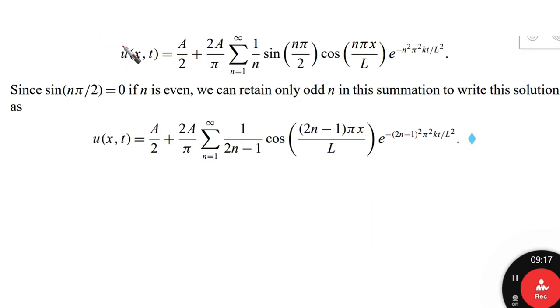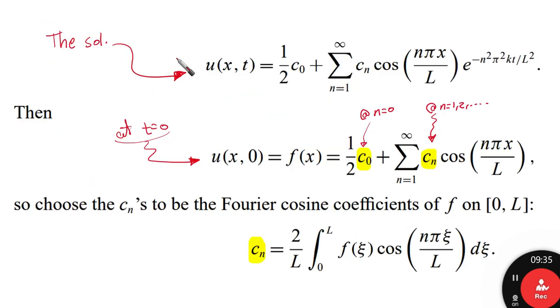This means that our solution for the heat equation at any time t and at any point x along the bar is going to equal A over 2, which is the part of exactly the C node. You remember, in our equation we have C node.